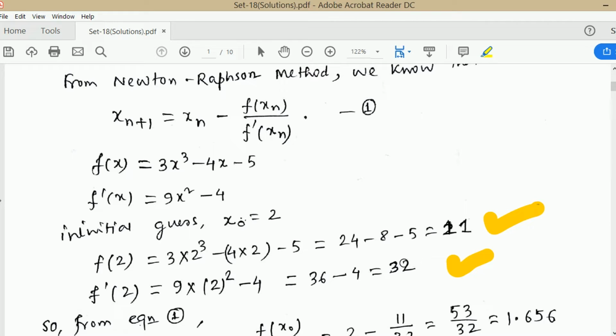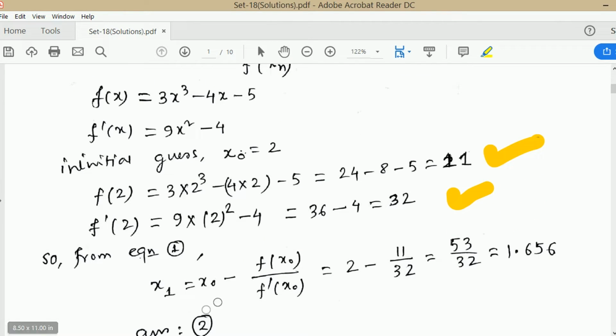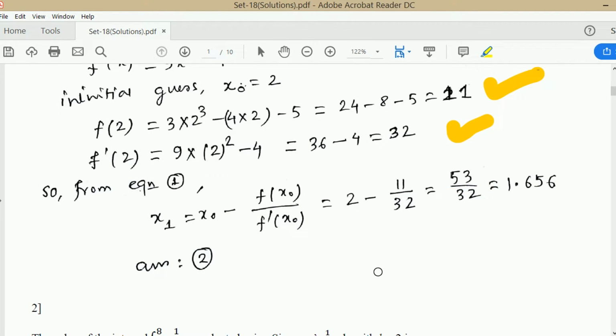To get the next iterative value, we put these values in this first equation, where x_0 is the initial guess and x_1 is the next approximation, which is more correct than the initial value. So 2 - 11/32 = 1.656.